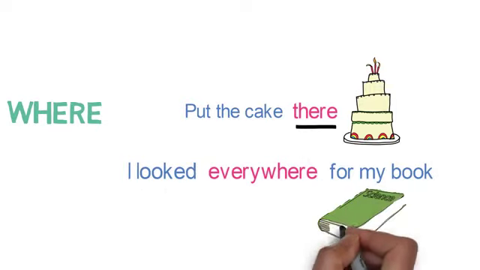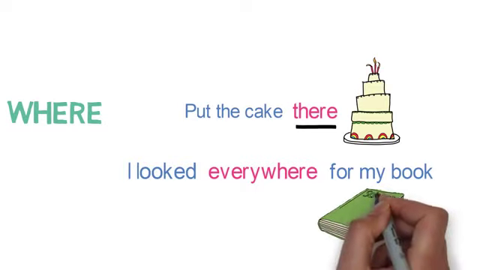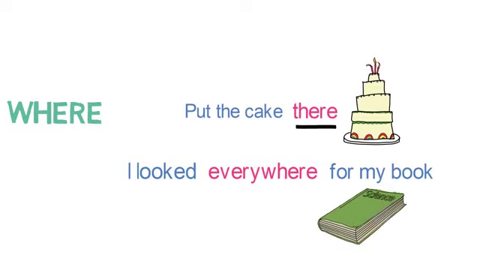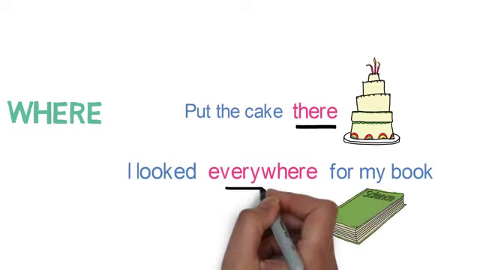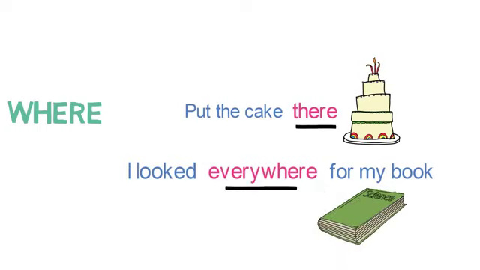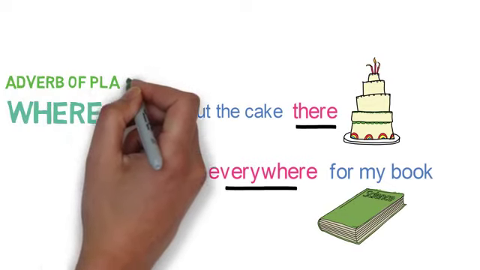I looked for my book, but where did I look? I looked everywhere in the room. Here, everywhere is the adverb, as I am telling the location where I looked for the book. As this adverb describes where the action happened, these are called adverbs of place.